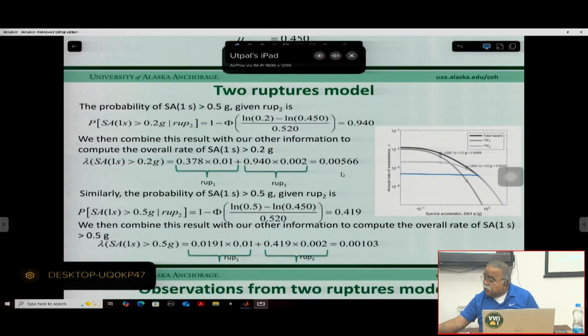Then for this fault I read this number, for this fault I read this number. So although these are two different places, I am saying that, okay, with 2% probability of exceedance in 50 years, this site will have a spectral acceleration this much, and this site has a spectral acceleration this much, right?